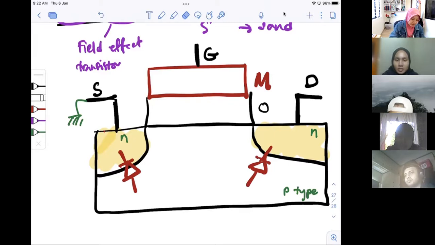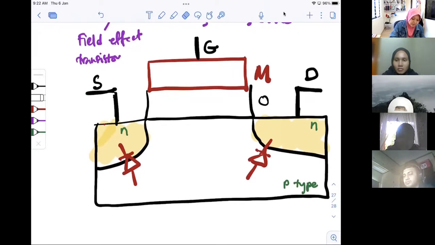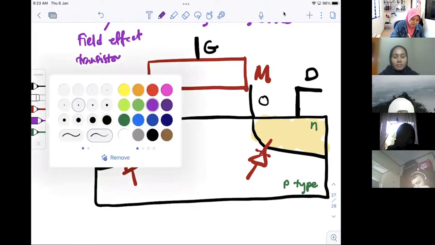Yes, because there is the PN junction. How is the diode connected?